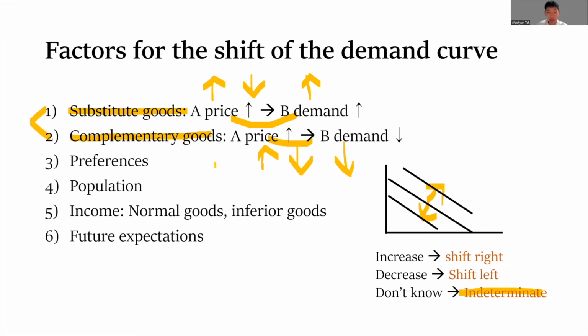Third, preference is also one of the factors that influences the demand. For example, news, new discoveries, or public tastes can change favorableness toward a certain product, and it will change the demand. Fourth is population and fifth is income.